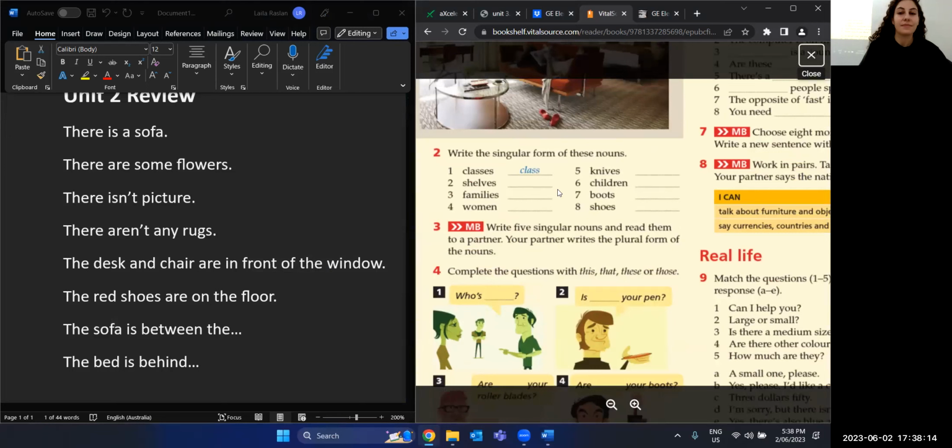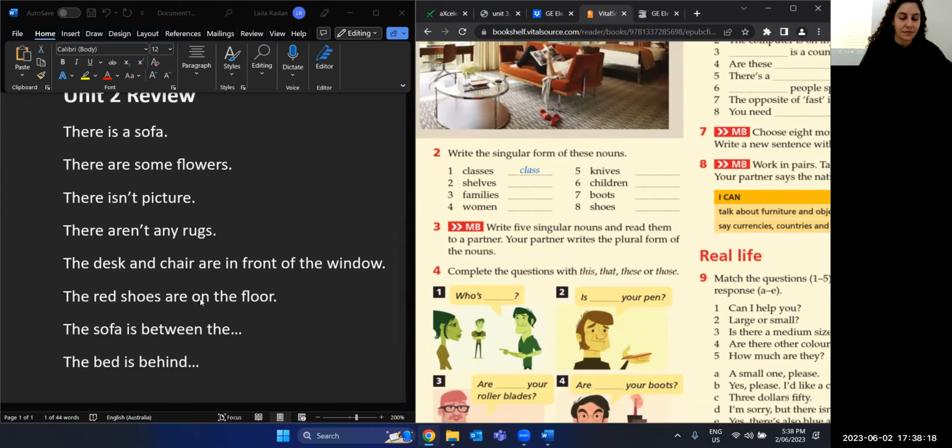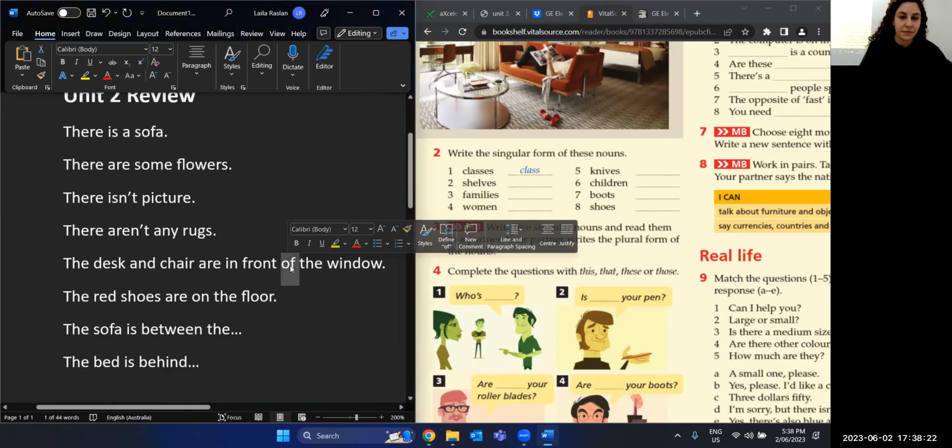The word of? Yeah. From, in front. This has to go together always.